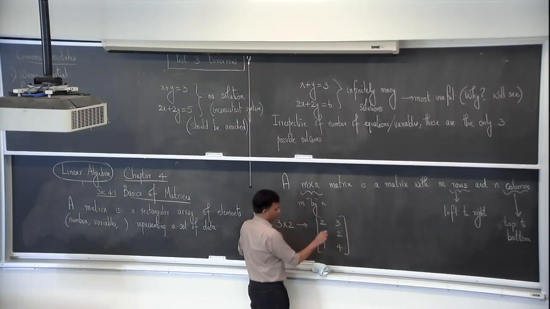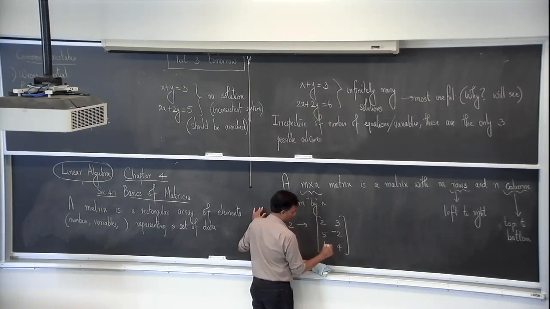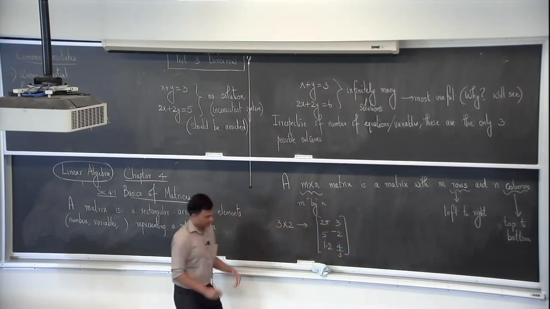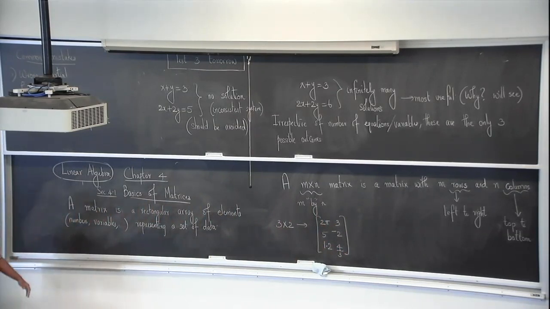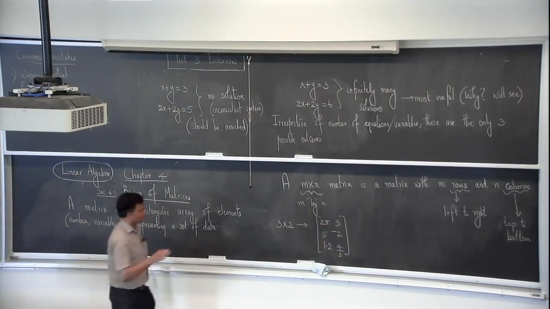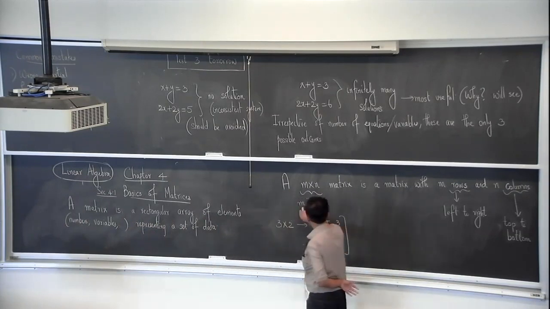They don't have to be all positive. You could put a negative there, maybe a fraction, maybe a decimal, maybe an irrational number. All kinds of weird things can pop in there. But the size of the matrix, also called the dimension of the matrix, is specified by rows first, columns second.